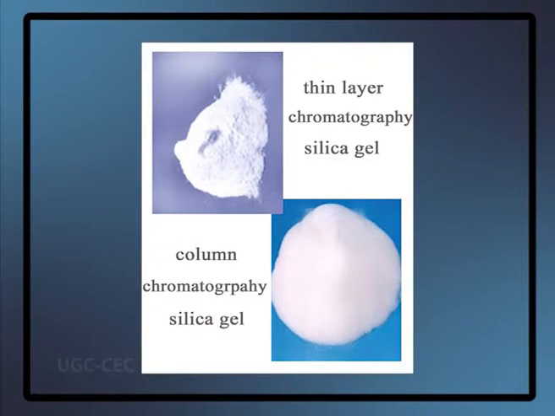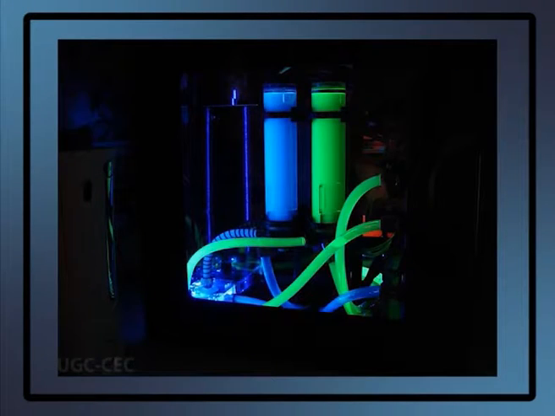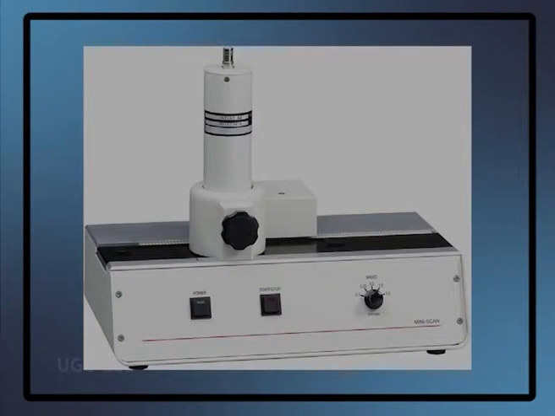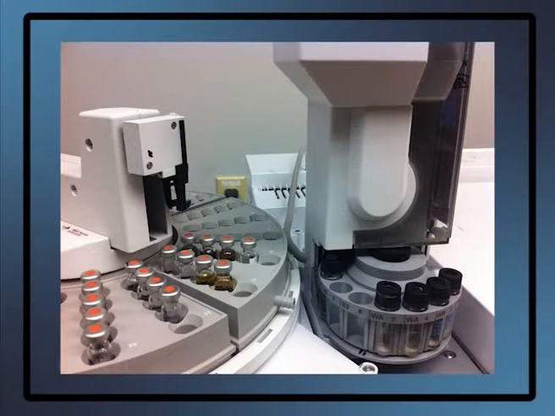The stationary phase is a thin layer of adsorbent, usually silica gel or alumina coated on a plate, and the mobile phase is a developing liquid which travels up the stationary phase, carrying the sample with it. Components in the samples will get separated on the stationary phase according to how much they adsorb on the stationary phase versus how much they dissolve in the mobile phase.